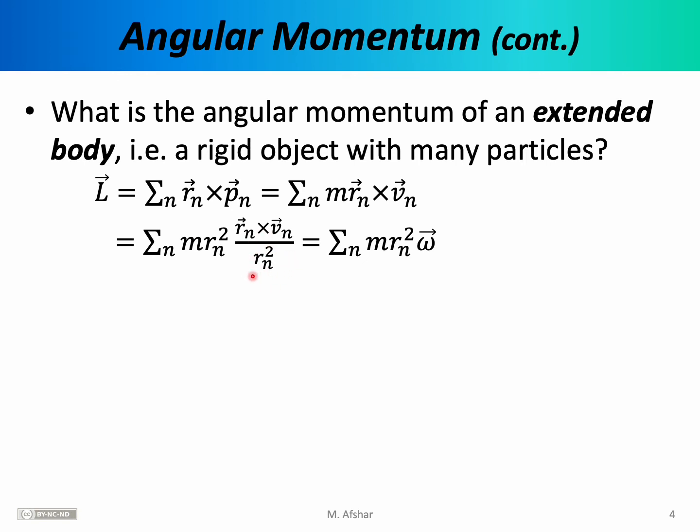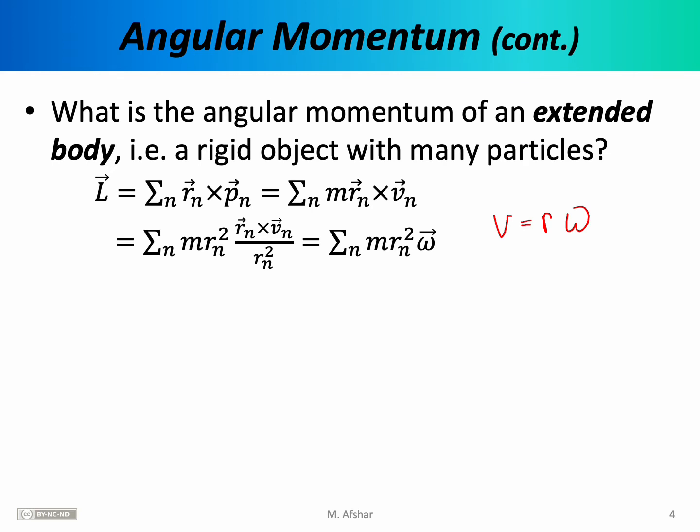The reason I'm doing this is because it turns out this entire fraction is simply equal to omega. So r cross v divided by r squared is equal to omega. This is not an expression that we have proven, and proving it would require a lengthy tangent, but it should seem plausible to you because after all, you know that there is a relationship between the linear quantities and the angular quantities. Specifically, we have mentioned how the linear speed is equal to r times the angular speed.